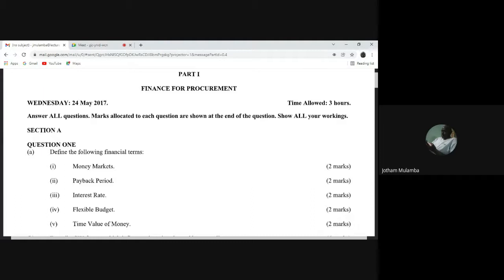We had revised this so we can brush over just to remind ourselves as we progress so that we get to wherever we are. So who is defining for us the money market?